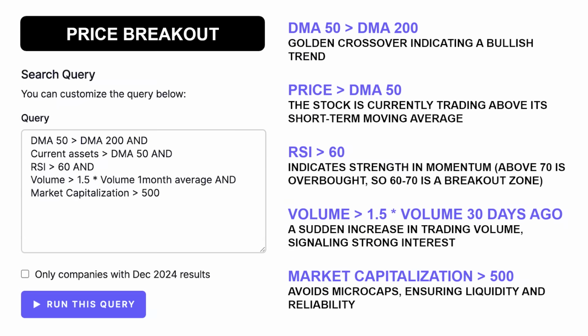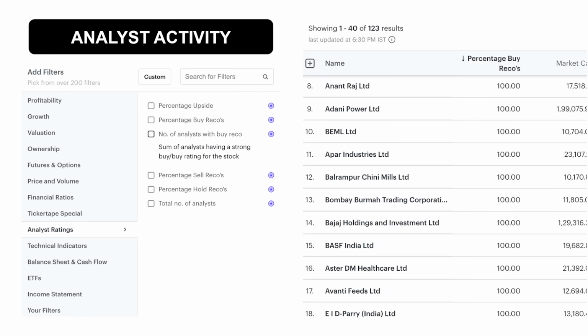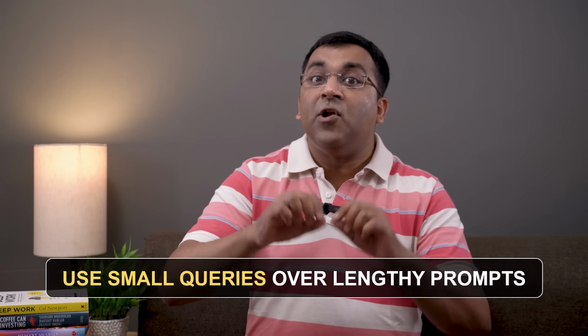Some other variations of this include looking for price breakouts using moving averages, RSI, and volumes, any change in promoter holdings indicating buying or selling by insiders, analyst upgrades, that is, people who track these companies frequently, what are they saying about it, and much, much more. There are like hundreds of variables you can find within a screener, but the big message I want to put forth here, and what I've learned in many years of doing this, is that there's a lot more utility in using simple queries over longer ones.